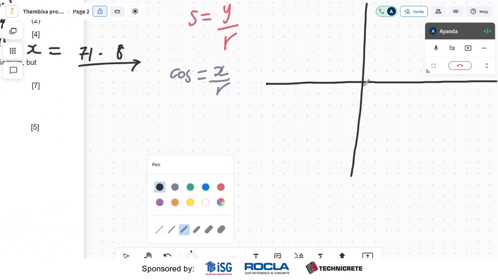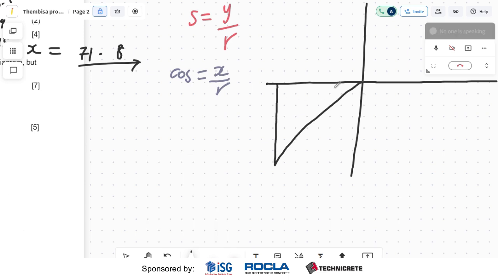If we draw our hypotenuse over here and place our theta, our hypotenuse we've been given as 13, and our opposite side, which is y, we've been given as 5. But since it's in quadrant 3, it'll be a negative 5. So sine of theta is negative 5 over 13.